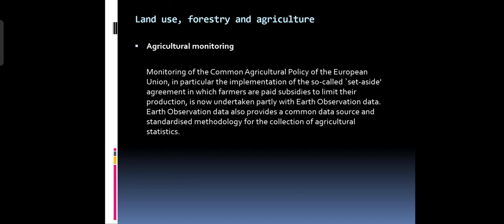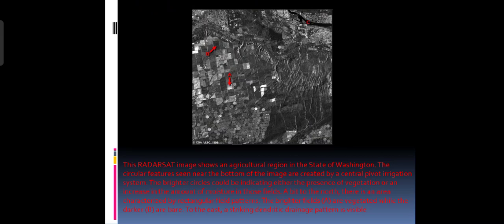The agricultural monitoring can be done using Earth observation data from a SAR, from a satellite, from radar data. This RADARSAT image shows the agricultural region in the state of Washington. Circular features near the bottom of the image are created by center-pivot private irrigation systems.